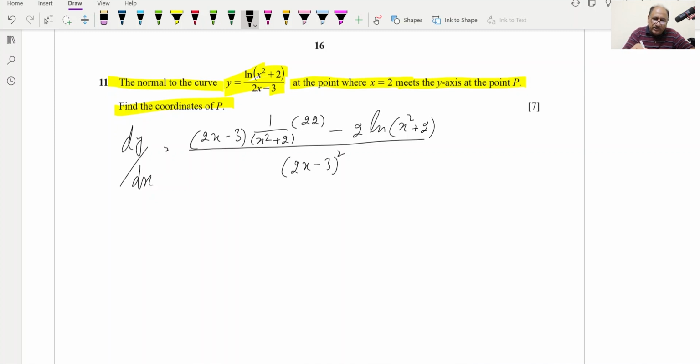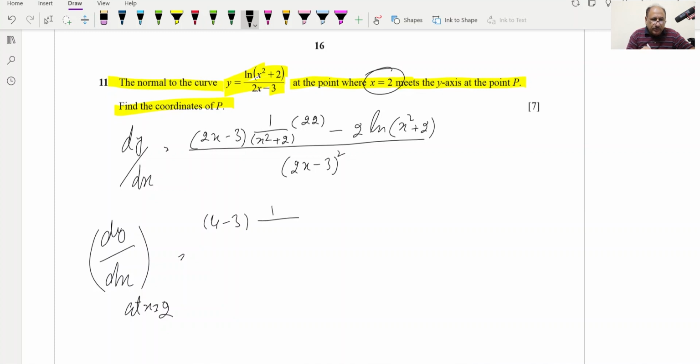Now dy by dx at x is equal to 2. We can replace the values, so it will be 4 minus 3, 1 over, this will be again 4 plus 2 will be 6, so we can write 1 over 6, and this one should be 2x over here, so this will be 4.